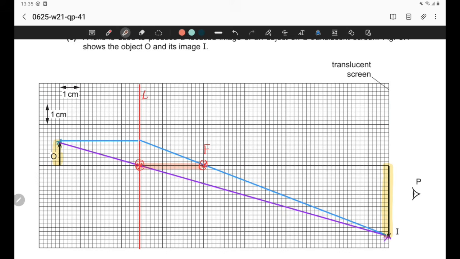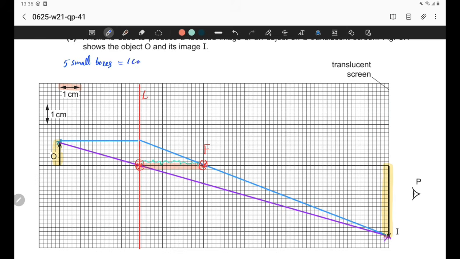This is the focal length. In this graph it's already mentioned that 5 small boxes represent 1 centimeter.